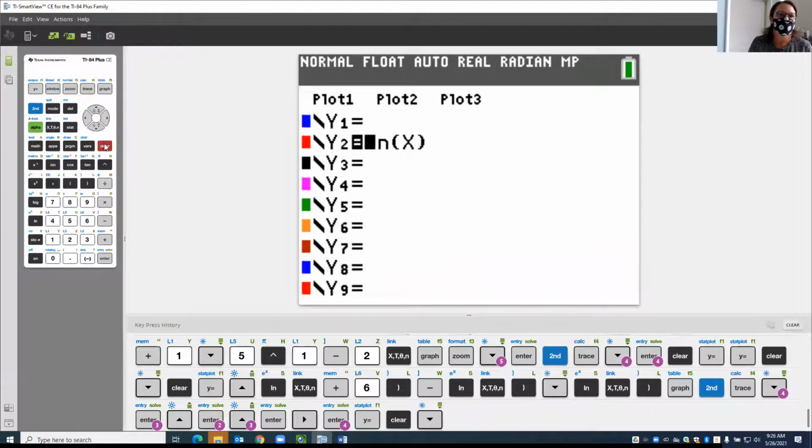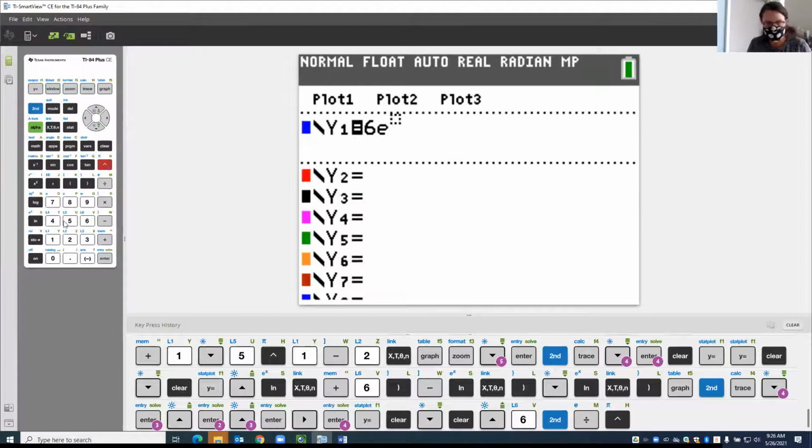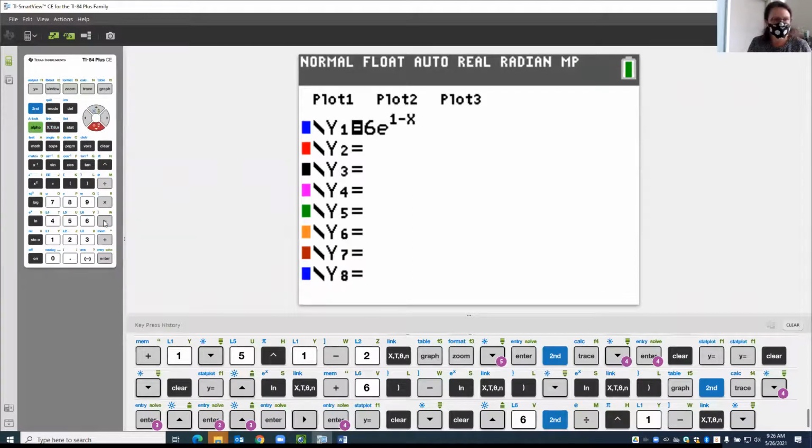So go ahead and clear whatever you have in there. And then into y1, I'm going to put 6 e to the power of 1 minus x. On the other side, I'm going to put 25.